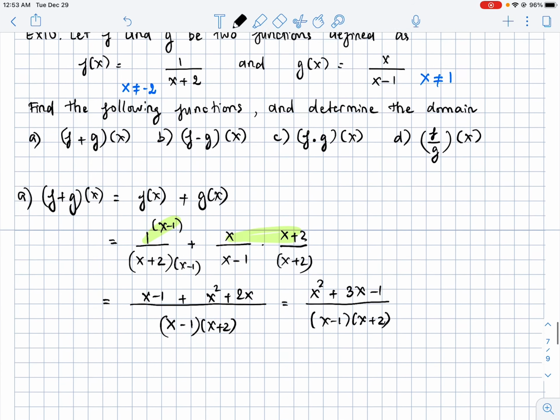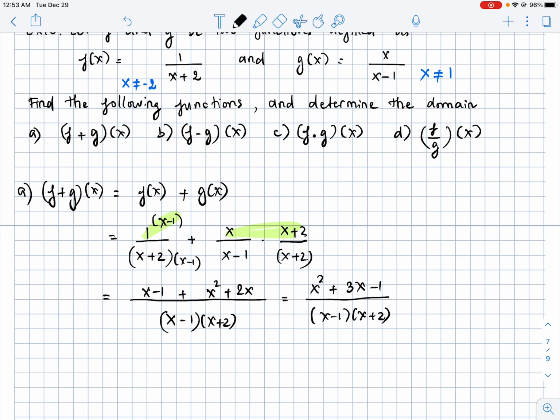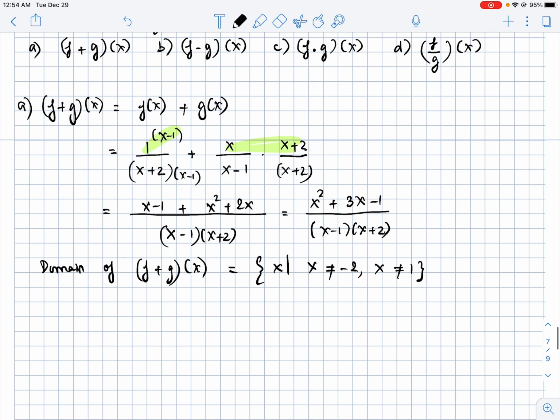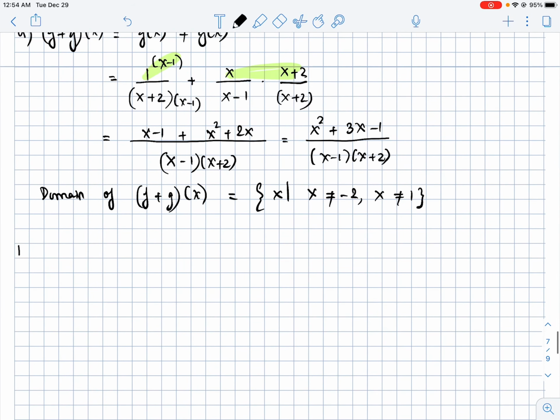To find the interval that satisfies both, it has to exclude those two numbers. So the domain of f plus g of x is all real numbers except for x equal to negative 2 and x equal to positive 1.